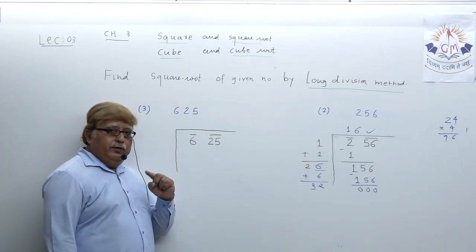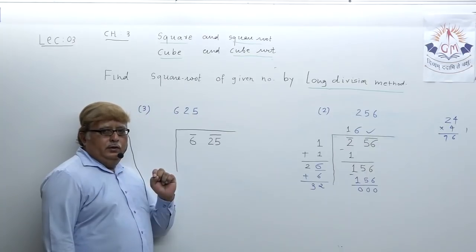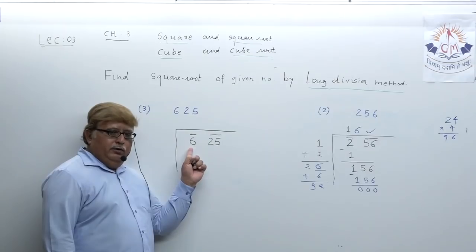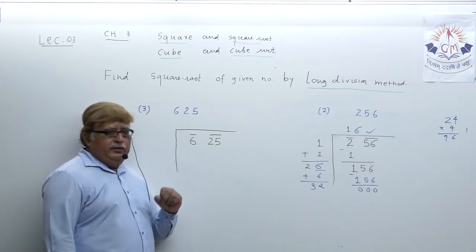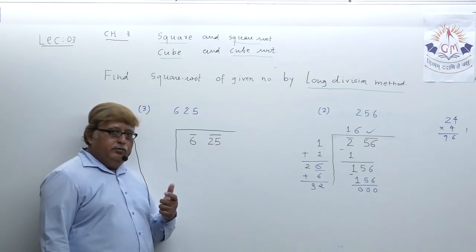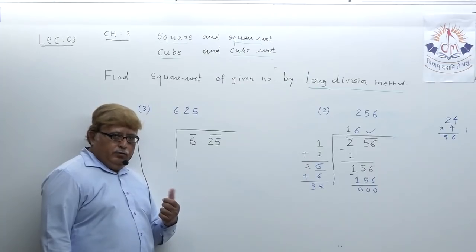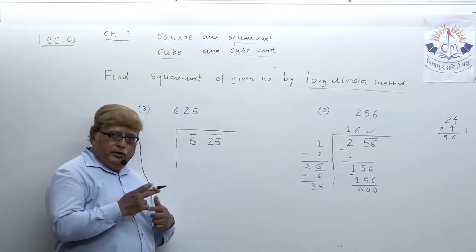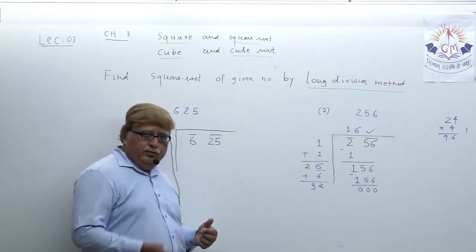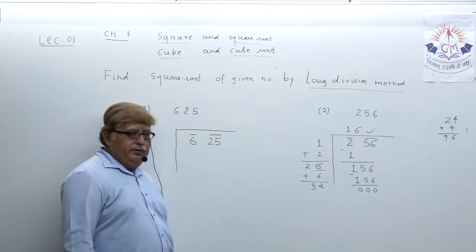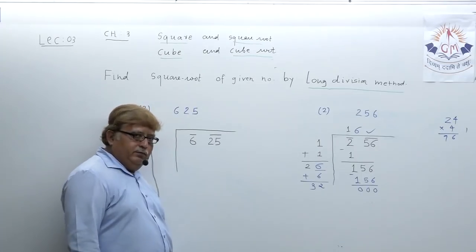Think of a number whose square is equal to 6 or less than 6. 1 square 1, but we have to take the nearest. 2 square, 2 2 ja 4. 3 square, 3 3 ja 9. So we can take 2. You will argue with me, okay, why not 1? We have to take the nearest number in division, that you all know. Understand? So 2 we can take because 2 2 ja 4.